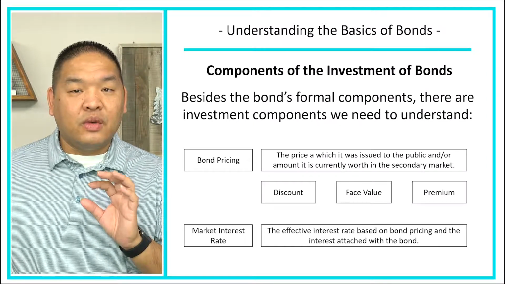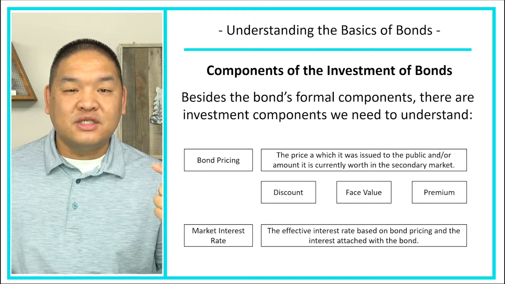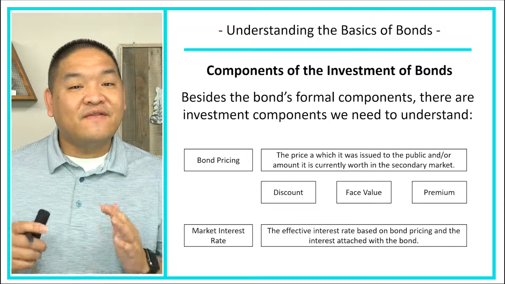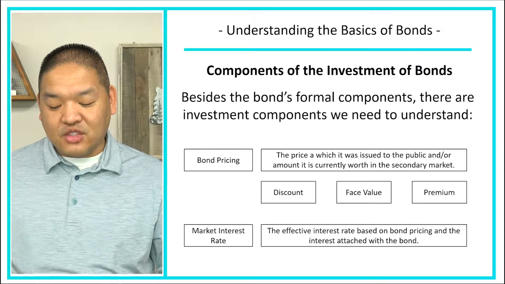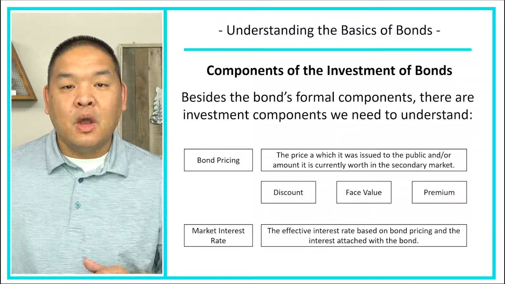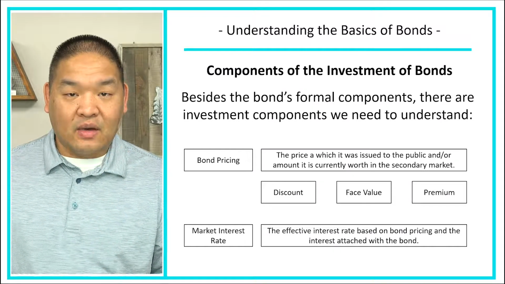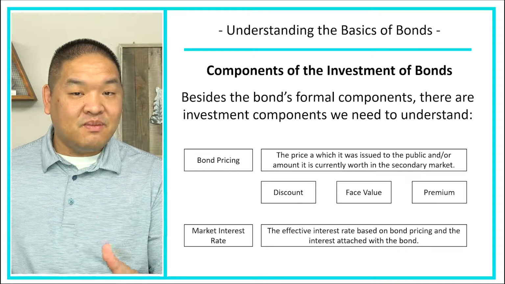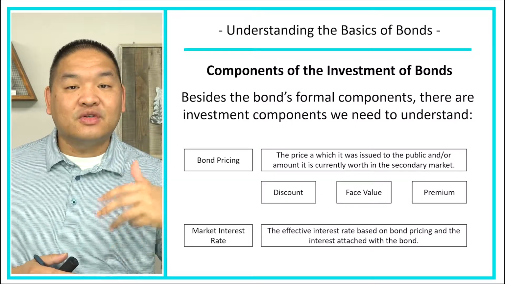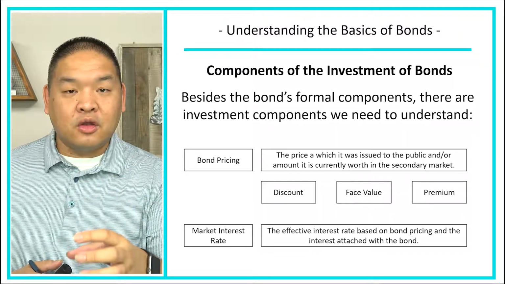Interest rate. So we talked about the stated interest rate. That's what the interest is, what the bond's going to pay in interest. The market interest rate is the effective interest rate based on bond pricing and the interest attached to the bond. What does that mean? Well, if a bond is issued at a discount, meaning that you buy it for $950, but the bond's worth $1,000, it's still going to pay you that 10% a year, but at the very end, you're going to get $1,000, so you're going to get $50 more.